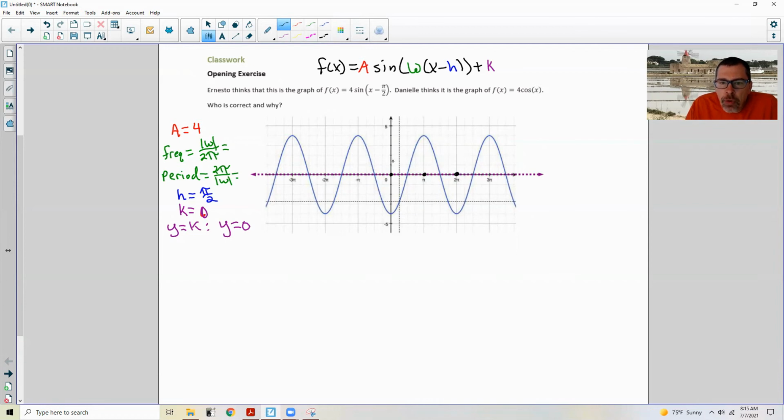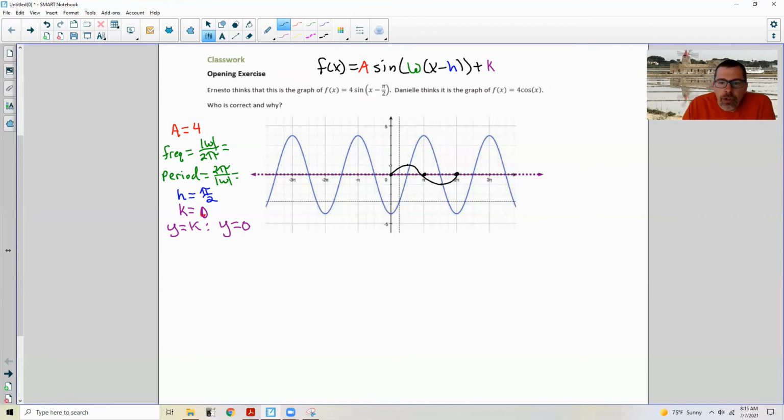Its maximum is 1 at pi over 2, which would be right here. And its minimum is at 3 pi over 2. So this is the parent function sine right here. So what we want to determine is which of these two graphs is this.